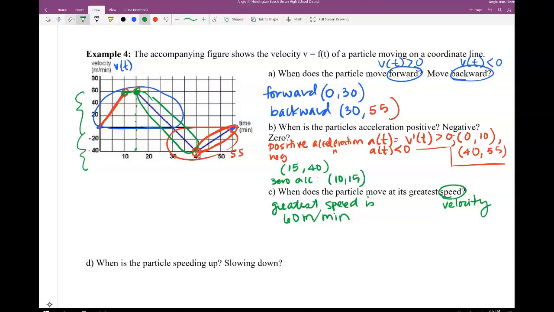The greatest speed is 60 meters per minute at, when means we're looking for time. So that's from 10 to 15. Or minutes, I'm sorry, this unit is minutes.